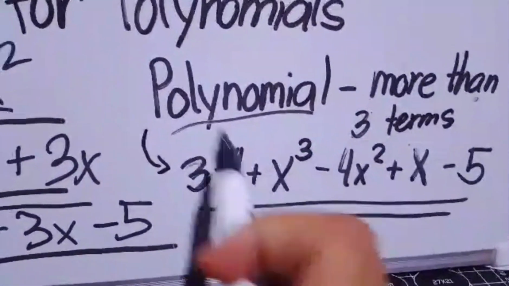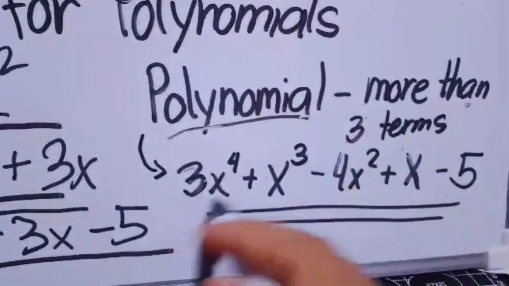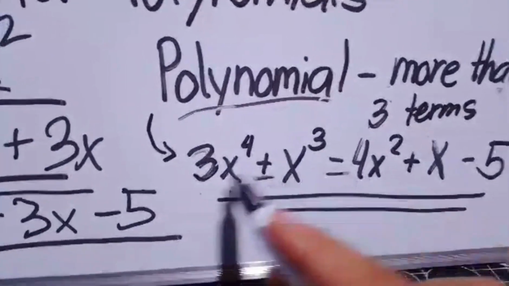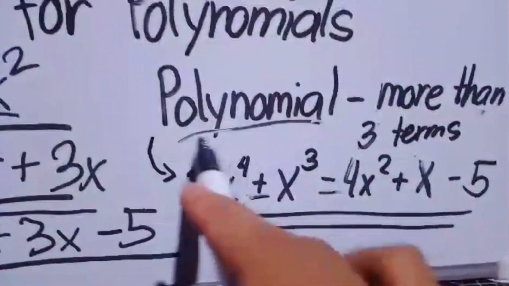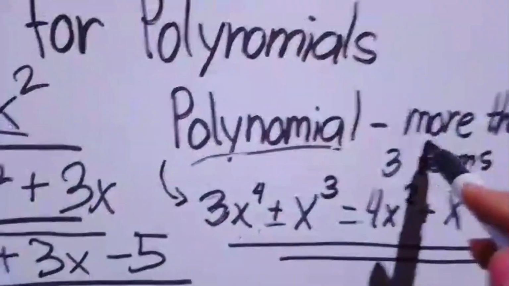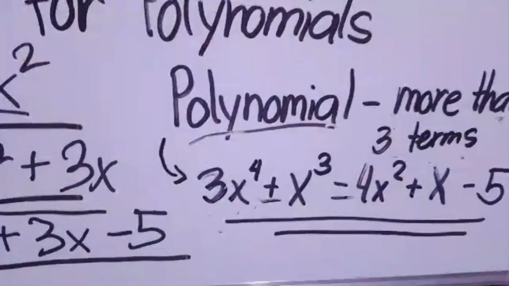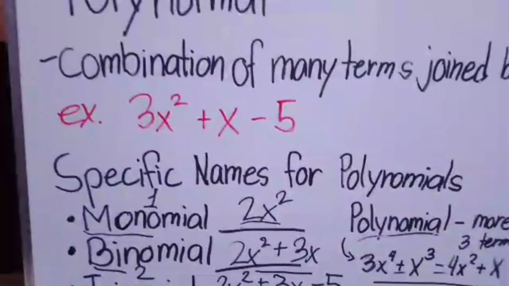We can consider this a polynomial because it has positive and negative terms, and also because it has more than 3 terms. So, we can consider this as a polynomial.